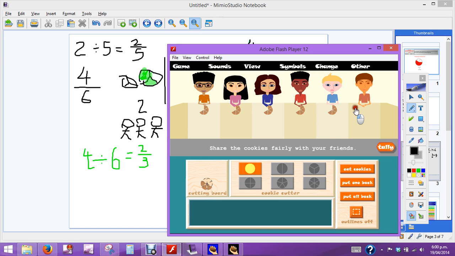And this guy here gets the last 4/6 or 2/3 of a cookie. Okay, so they've all got the same amount, so they either have 4/6 each.